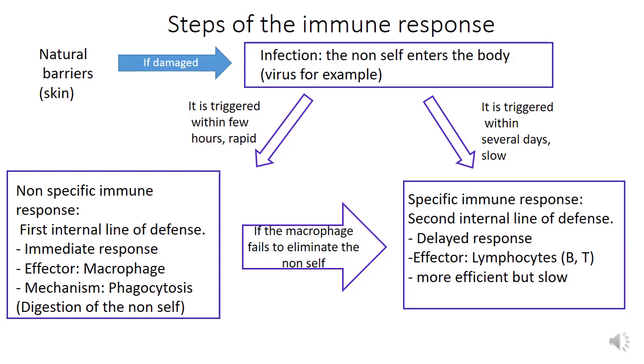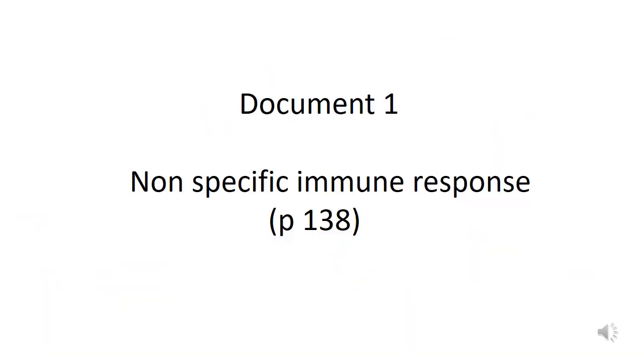The effector of this specific immune response are the lymphocytes B and T. Let us start first with document 1, non-specific immune response. So please open your books to page 138.